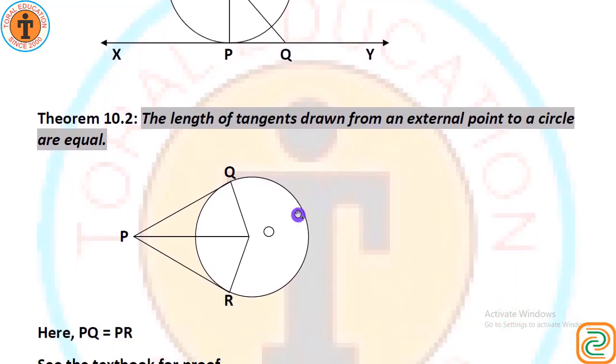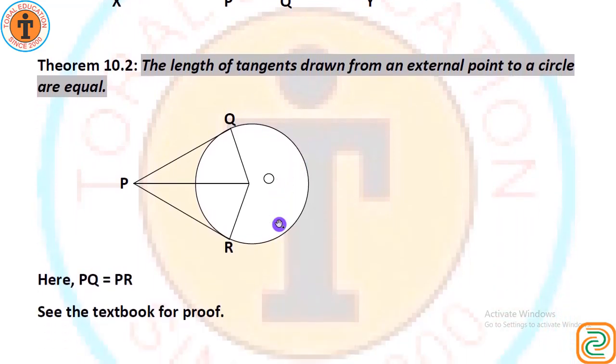Here also, Theorem 10.2: The lengths of tangents drawn from an external point to a circle are equal. This P is an external point, PQ is a tangent, and PR is another tangent. O is the center of the circle.